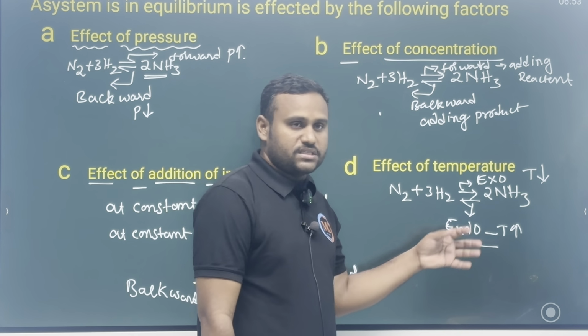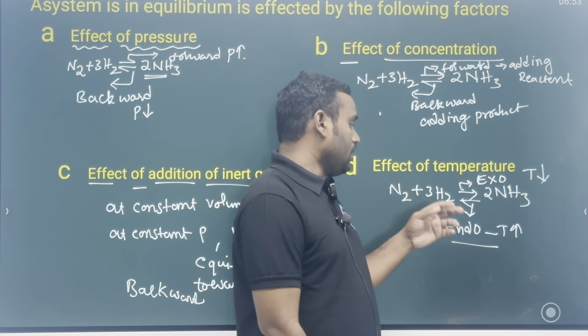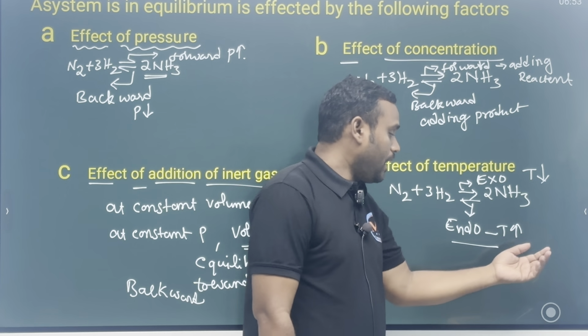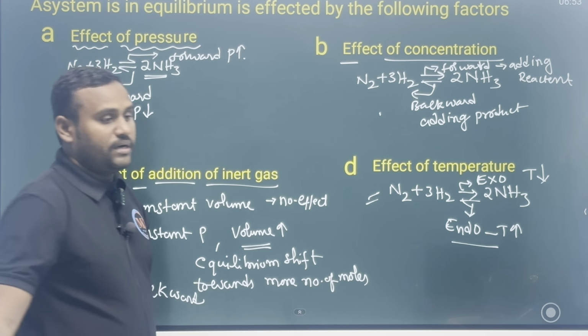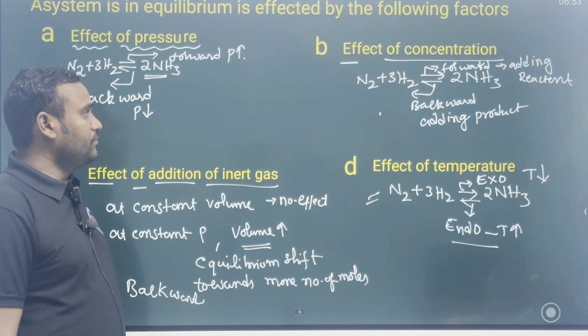Means low temperature favors forward, high temperature favors backward. Okay, this is the conclusion about the different states of equilibrium reactions.